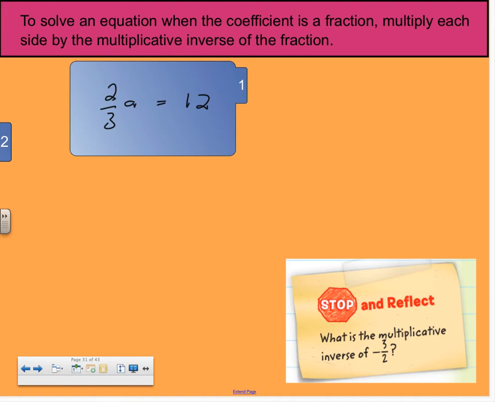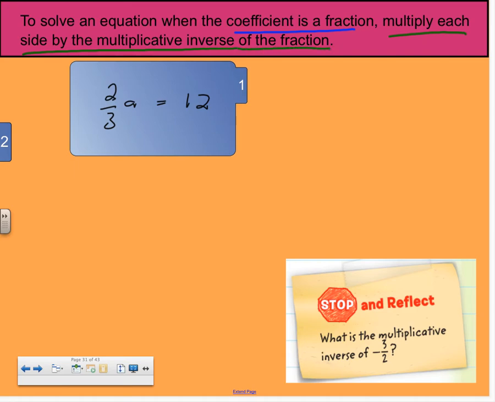Okay, I think most of you have probably had a chance to at least write it down and think about it. If we go back to what we said at the very beginning, when our coefficient is a fraction, we multiply each side by the multiplicative inverse of the fraction.